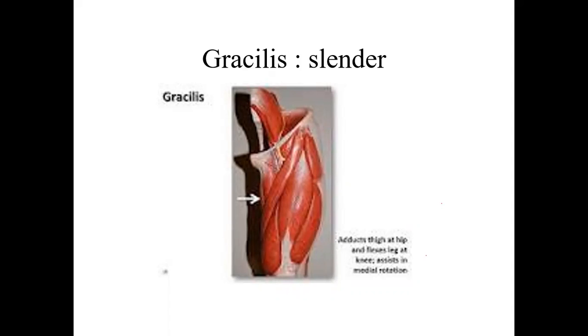This gracilis muscle, although necessary for fixing and enhancing, is not completely necessary for the normal movement of your leg. And what they use this muscle for is they will remove it and retransplant it for facial reconstruction. So they will use this muscle to help with buccal muscle reconstruction. That's something interesting.